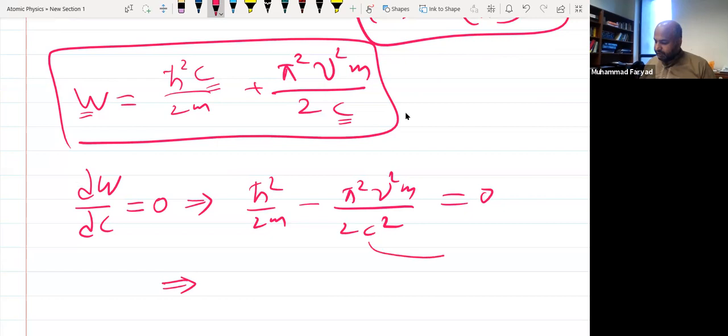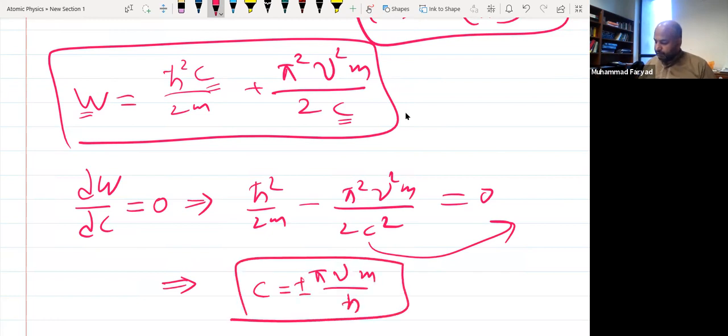And this will, let's take this term over there, and we get c is equal to pi nu m over h cut, plus minus. Okay, because this is c square, at the end I'll have to take the square root, so I'll get plus minus.